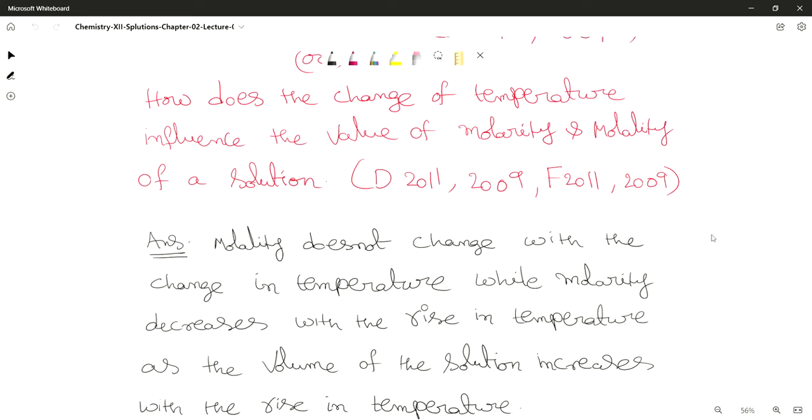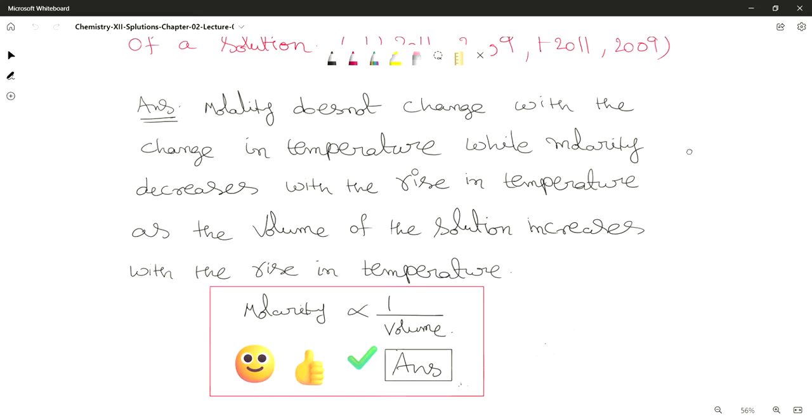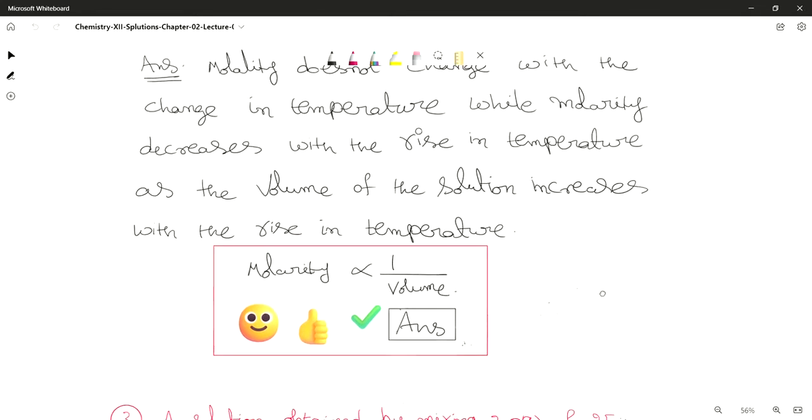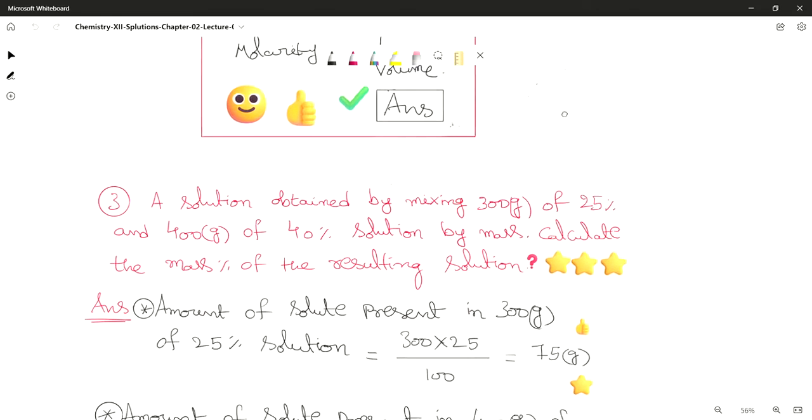The answer goes like this: molality does not change with change in temperature, while molarity decreases with the rise in temperature, as the volume of the solution increases with the rise in temperature. We know that molarity is inversely proportional to the volume, and that's the required answer. Okay, let's move on to the next question.